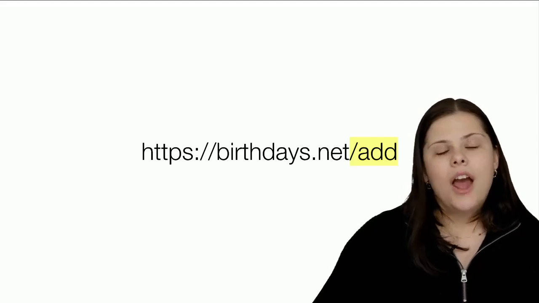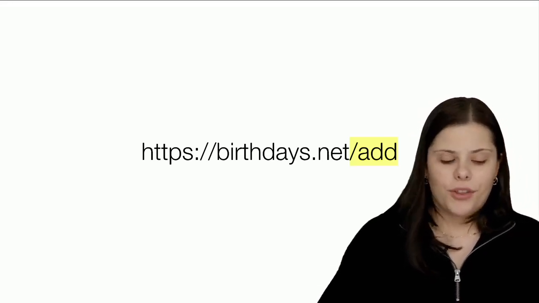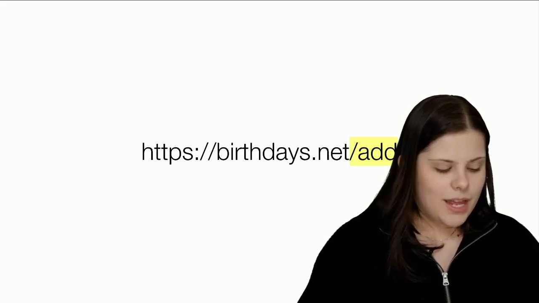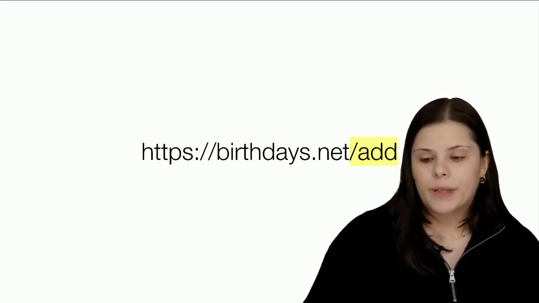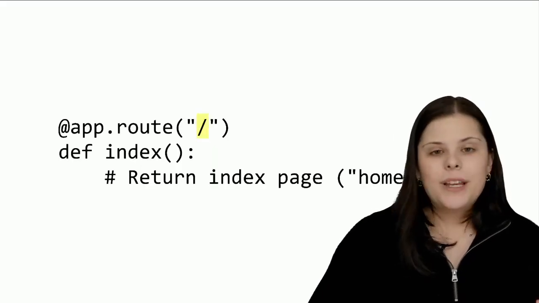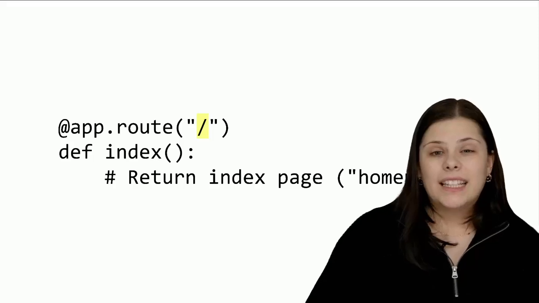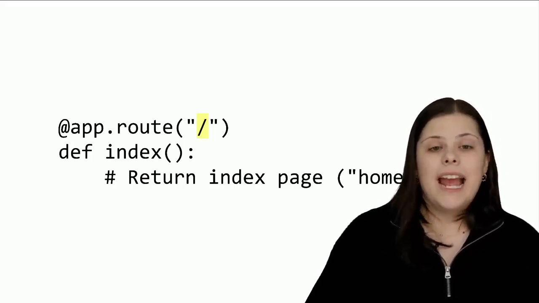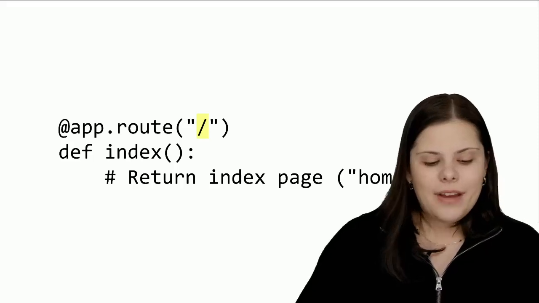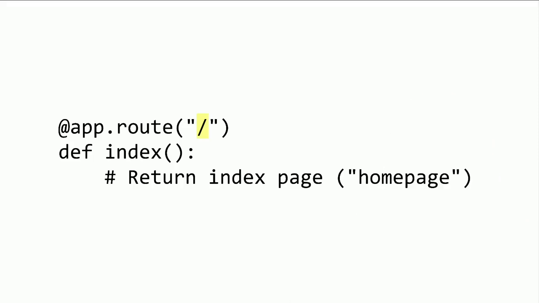In /add, perhaps we would want to add a birthday, or maybe even add a friend to our friend group list. And the way that we can define what exactly happens when the user encounters that route is by having such syntax.